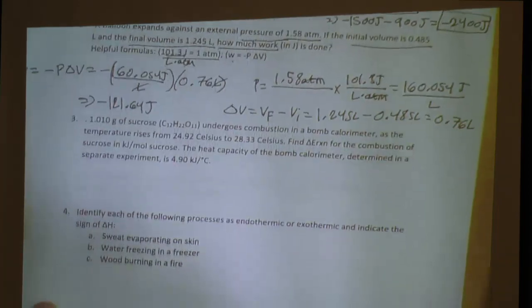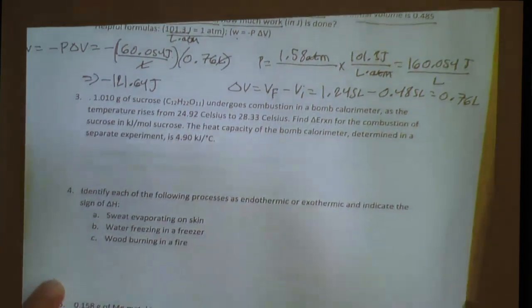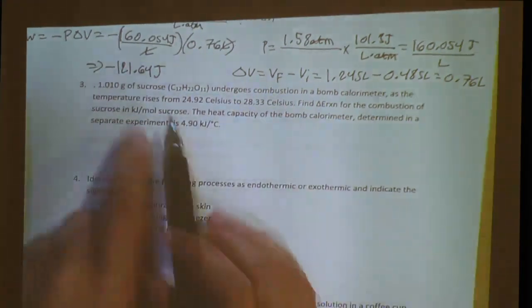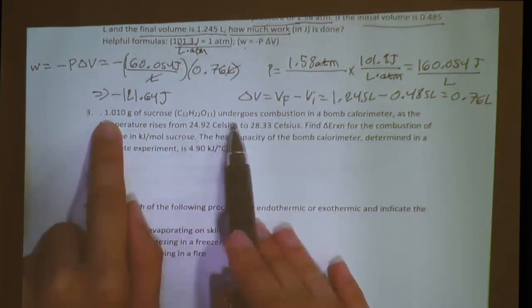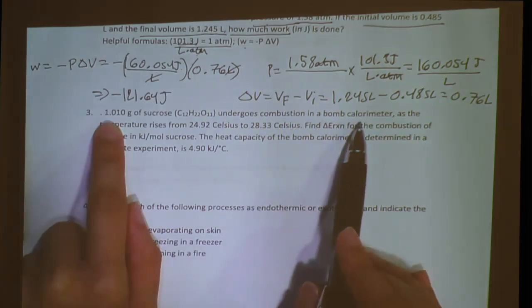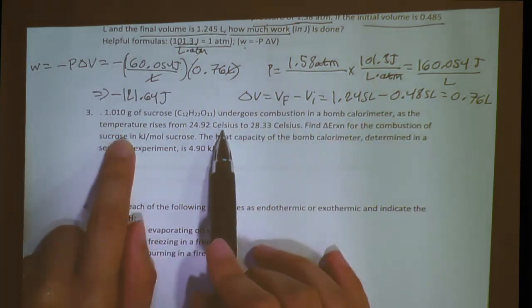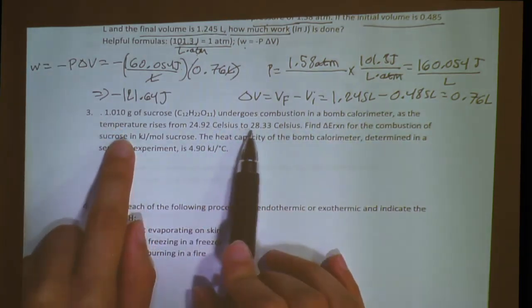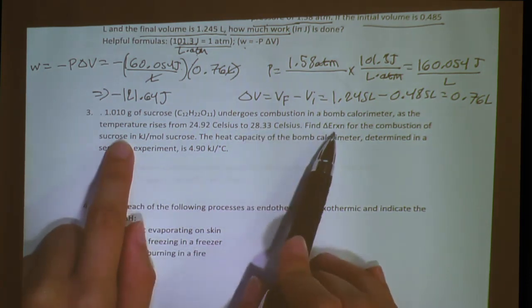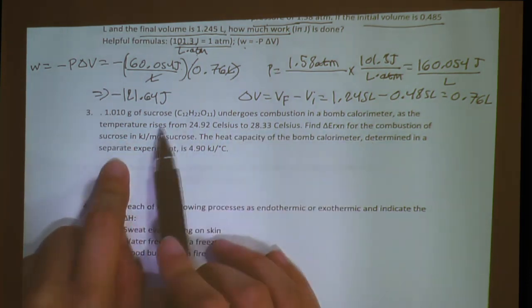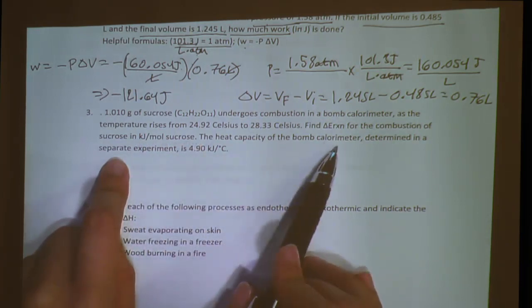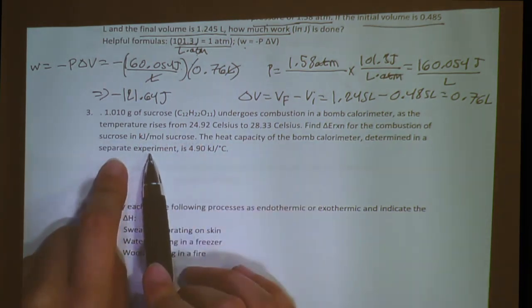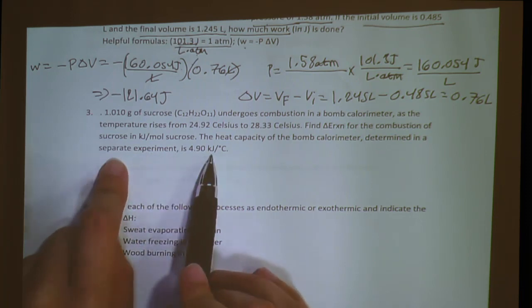So now we have question number 3. 1.01 grams of sucrose undergoes combustion in a calorimeter as the temperature rises from 24.92 Celsius to this Celsius. Find the change in energy of reaction for the combustion of sucrose in kilojoules per mole. The heat capacity of the bomb calorimeter, determined in a separate experiment, is this.